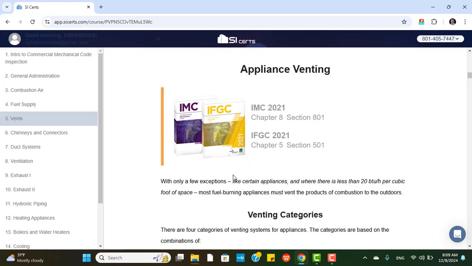Okay, so in this case only, if we have an appliance that has less than 20 BTU per hour per cubic foot of space, most fuel burning appliances must vent the products of combustion to the outdoors. This is the only exception that we have.